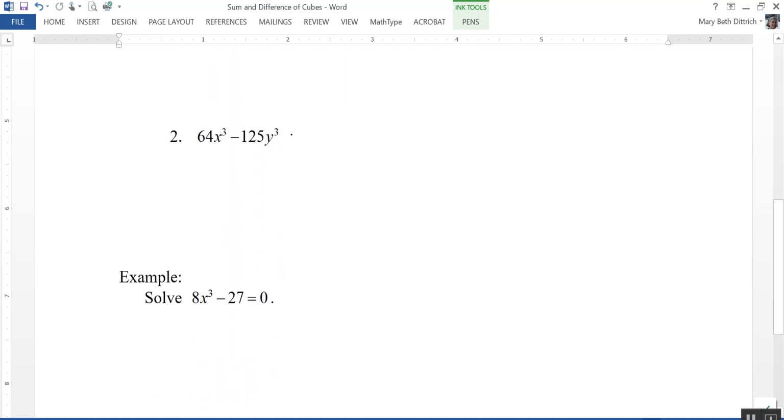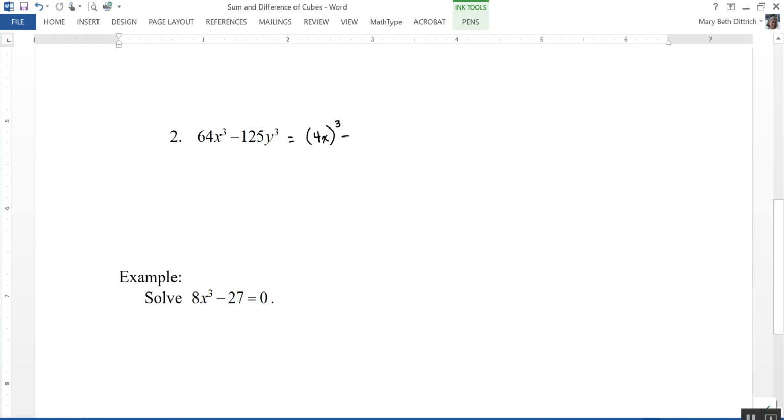Number 2 here says 64x cubed minus 125y cubed. So this one's a little more complicated. The cube root of 64 is actually 4, so 64x cubed is going to be the quantity 4x to the third power. So 4x times 4x times 4x is 64x cubed.